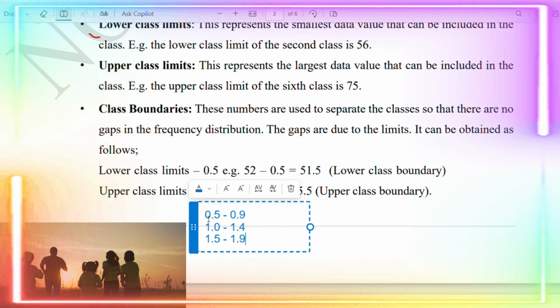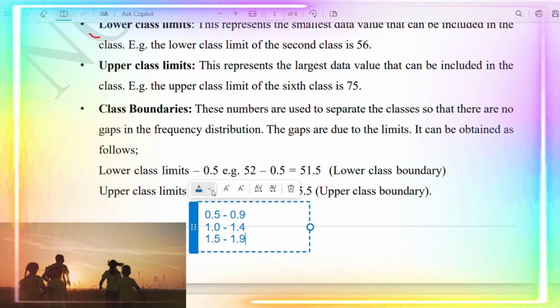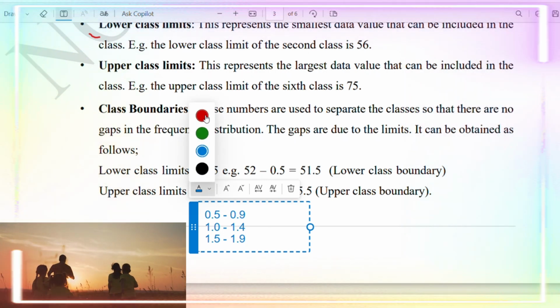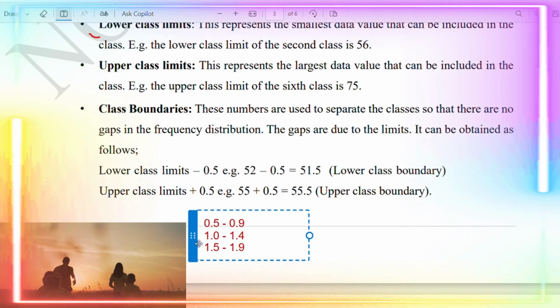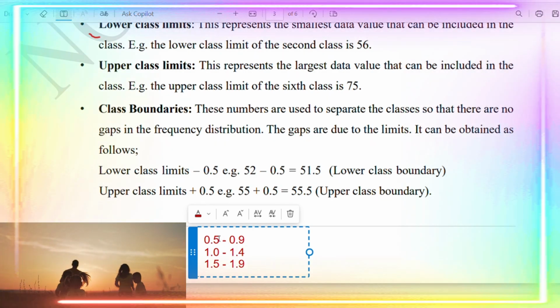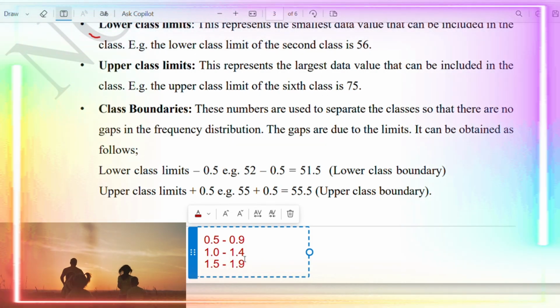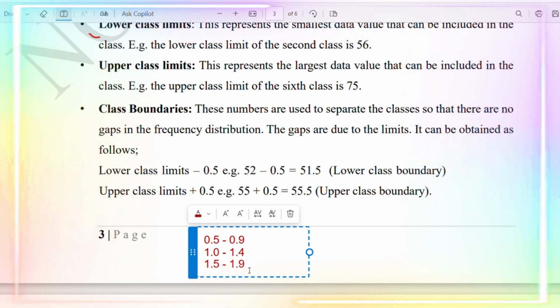Let me stop there. Now, suppose this is what you have as the class intervals, and you have these three classes: 0.5 to 0.9, 1.0 to 1.4, 1.5 to 1.9.